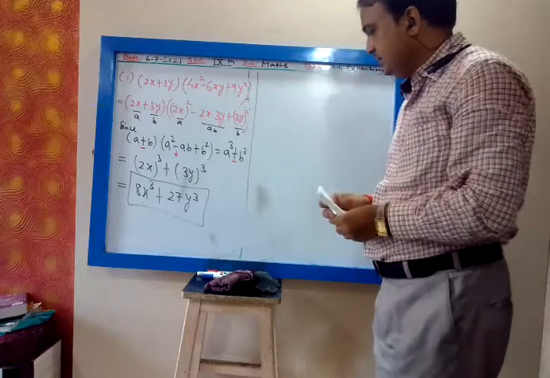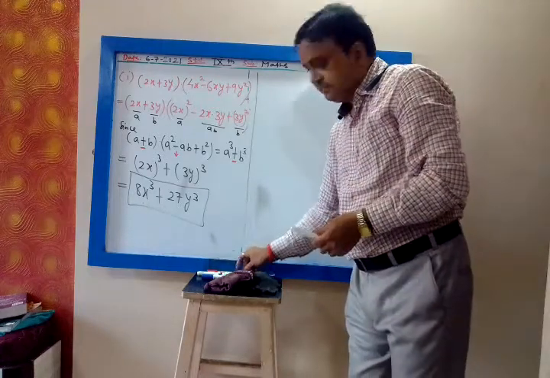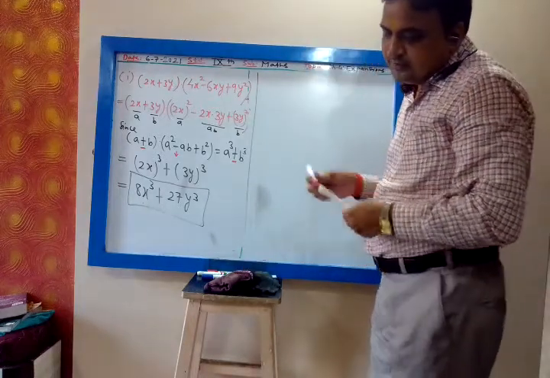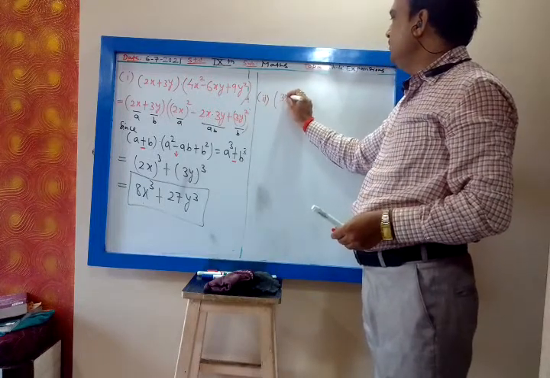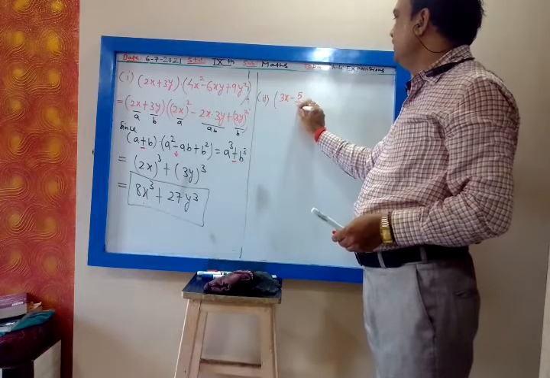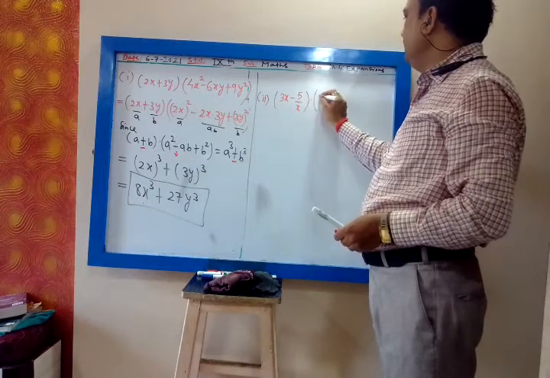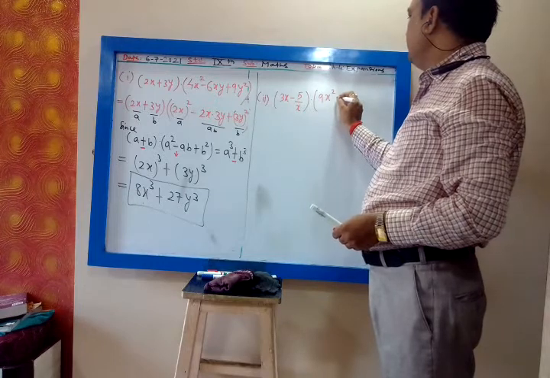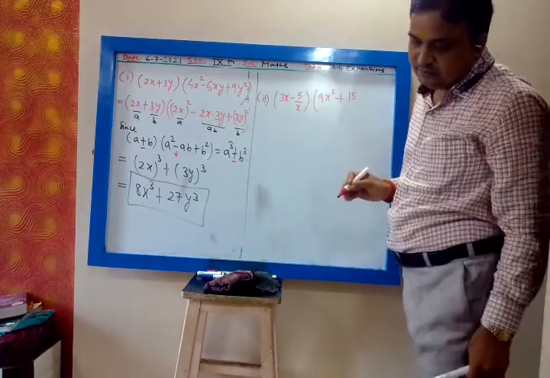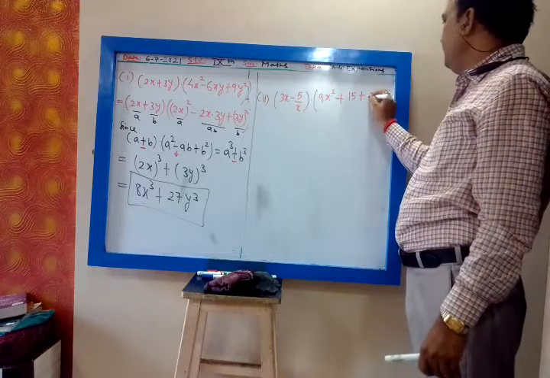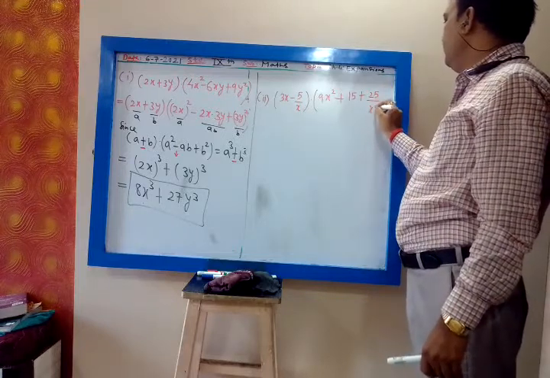Now next is (3x minus 5 by x) into (9x square plus 15 plus 25 upon x square). What you can write?